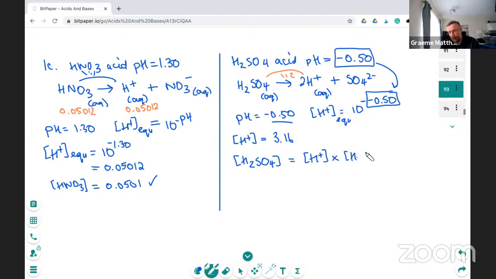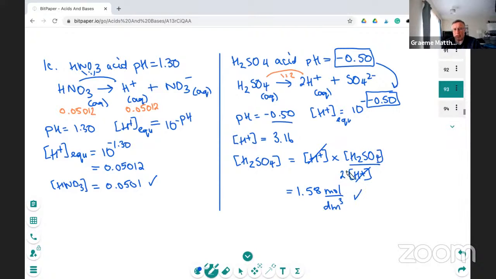One sulfuric acid over here, it's a 1 to 2 correspondence. So I end up with the sulfuric acid concentration, divided by 2, being 1.58 moles per decimeter cubed. Then we're 2 for 2.